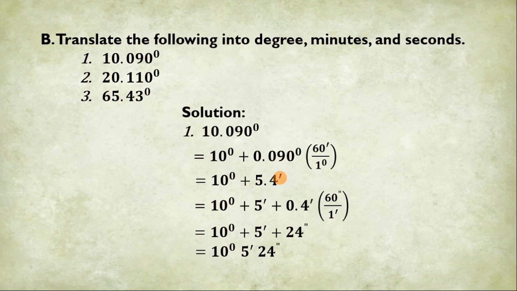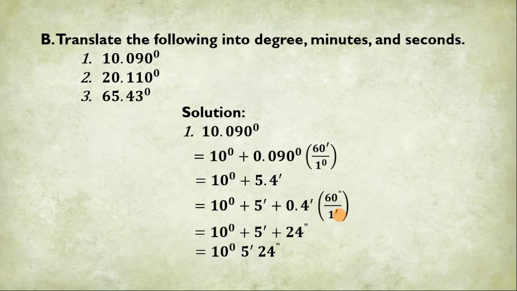So isolating the whole number 10 degrees plus the whole number 5 minutes plus the 0.4 minute, which will be converted to seconds. And how to convert the 0.4 minute to seconds? We have to multiply that by 60 seconds all over 1 minute. The purpose is to cancel out the minute unit.